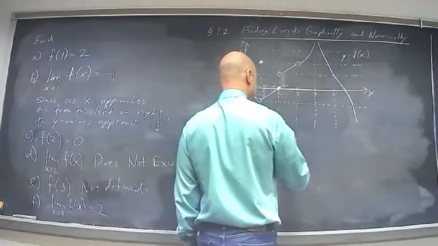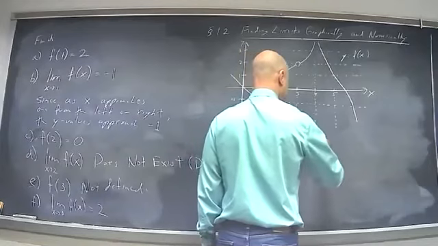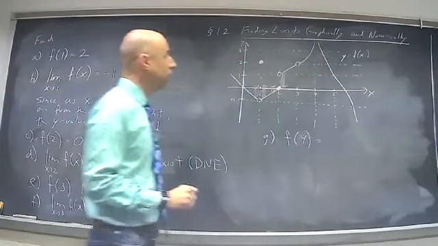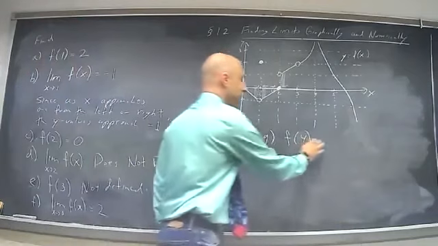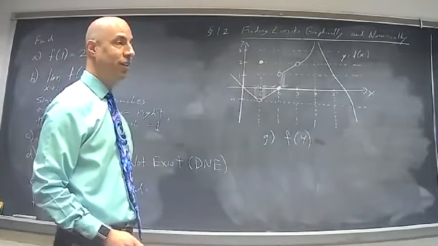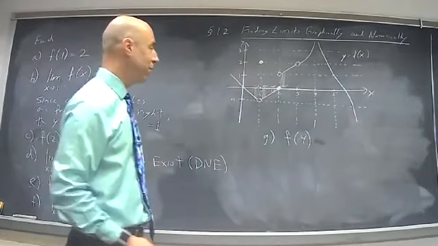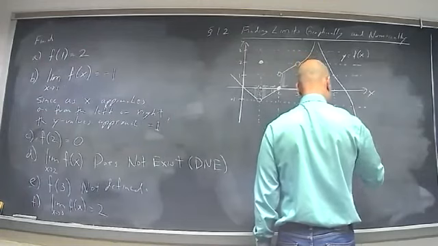If I say, what's f of 4? Is there a value of the function at x equals 4? Now it looks like I have a vertical asymptote there, so there's no value. This is not defined.